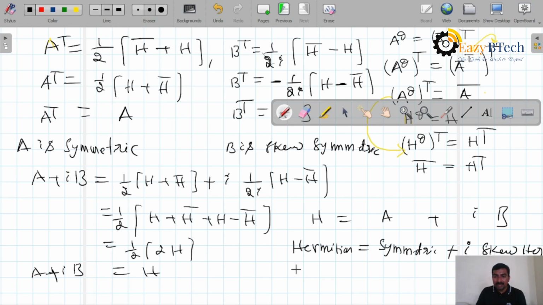That means every Hermitian matrix can be written as A plus iB, where A is symmetric and B is skew symmetric. This is a very important theorem, my dear students. It is very important for our examination. Thank you.